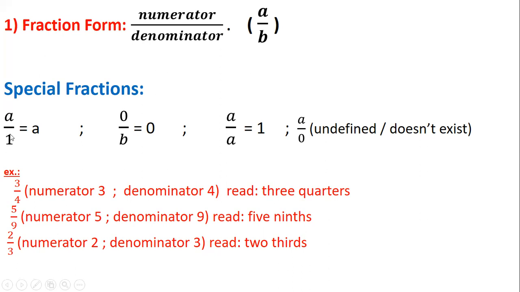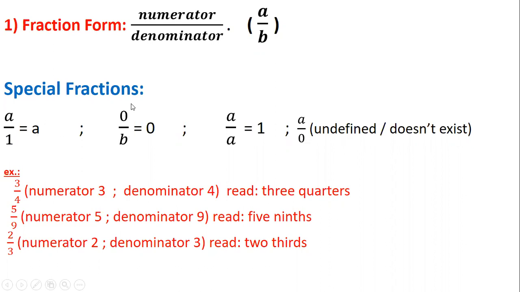Whenever the denominator of the fraction is 1, directly I say this fraction is equal to A. So if we have 9 over 1, it's equal to 9. 11 over 1, it's equal to 11. 2 over 1 is equal to 2. 5 over 1 is equal to 5. This is the first special fraction. So whenever the denominator is 1, directly the fraction is equal to the number in the numerator.